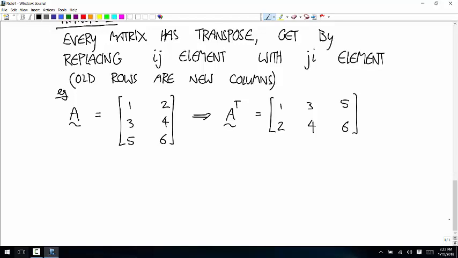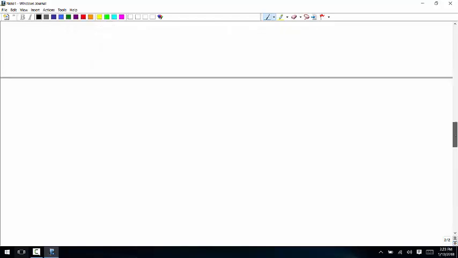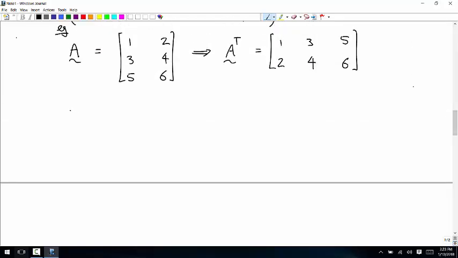Okay, so every matrix has a transpose, but a lot of the things that we're going to use are only applicable for square matrices. That's going to be the most important thing for us. So I have to define a square matrix. And if you had to guess for $1 million what a square matrix is, it would be exactly what you think it is. It's the same number of rows and columns.